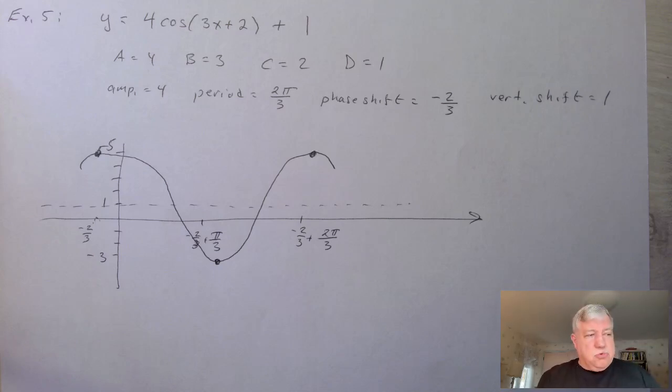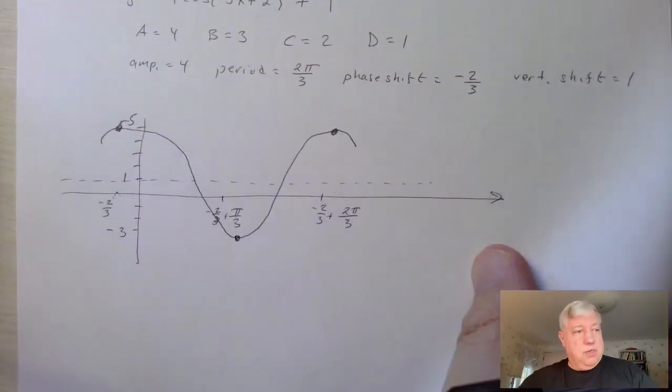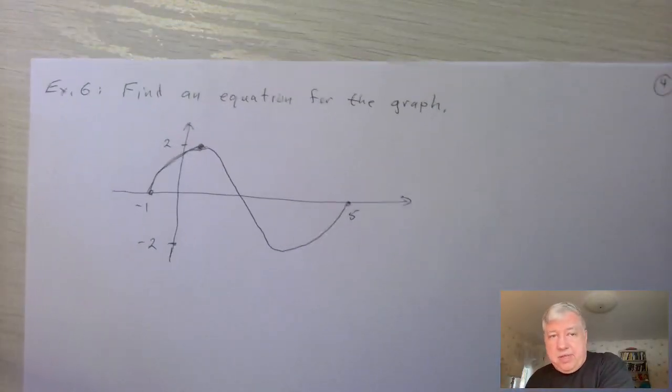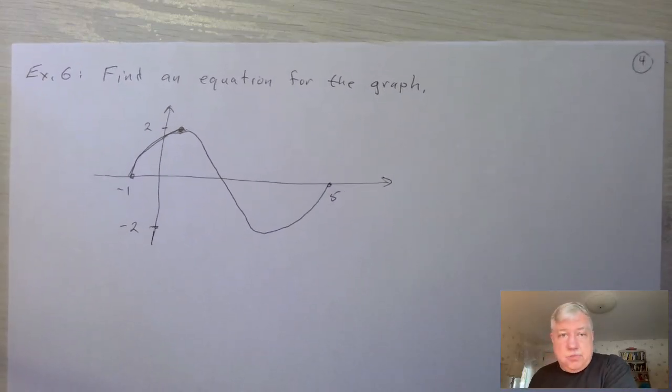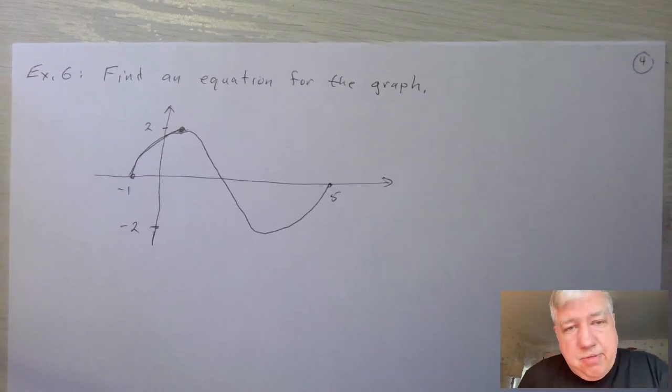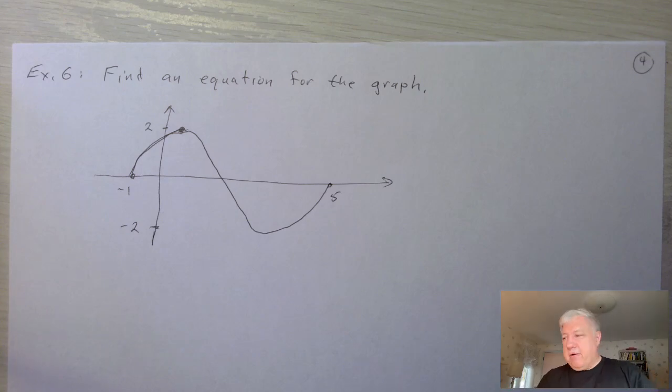Let's switch things up a little bit, and let's suppose you're given the graph, and then you're asked to find an equation for that. That's what these last two examples are all about. So here, the way we do this is we just go in reverse. We can see from a picture what the amplitude, the phase shift, and the period are, and then go from there.